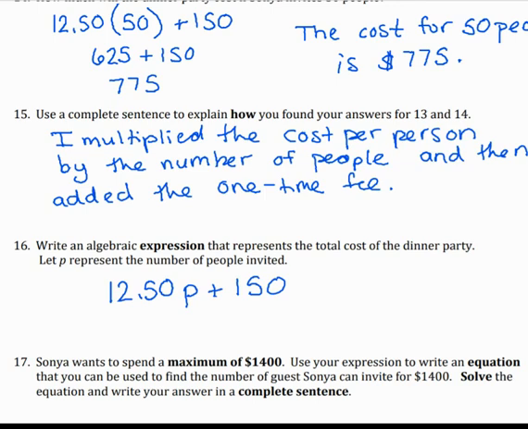It does not go unnoticed. Everybody used the right variable of P. Sometimes we just get in the habit of always using X, but because they said to use P, we want to use that. And everybody multiplied 1250 times P. That's correct because it's 1250 per person. But then just don't forget about that good old one-time fee.